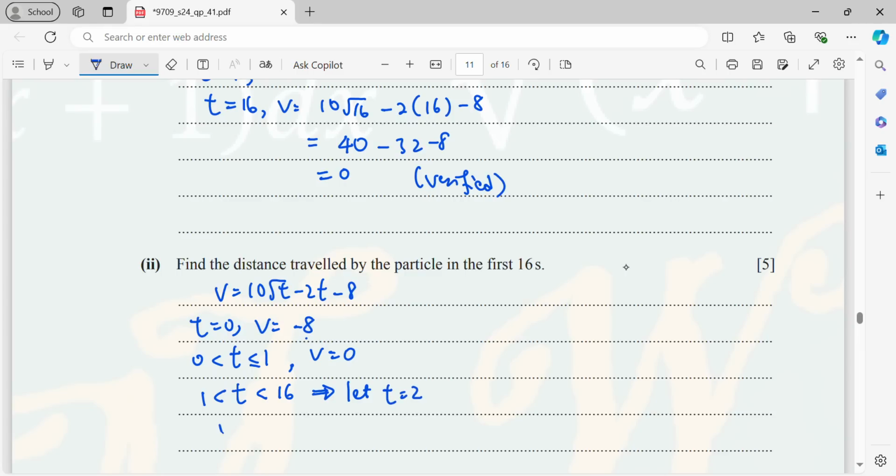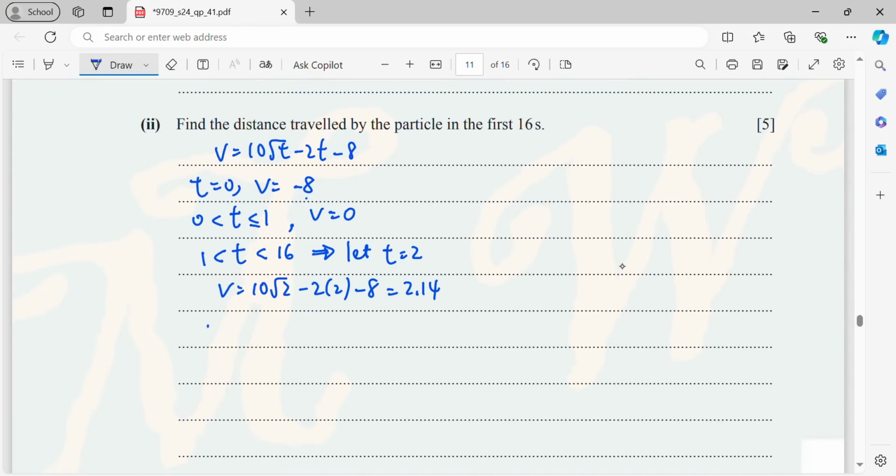So now my v is going to be 10 square root 2 minus 2 times 2 minus 8, which means this is 2.14. So I will say that basically from 1 to 16 seconds, my v is positive. Okay, so look at here. At t equals 0, v is negative. So from 0 to 1, that means this is negative.